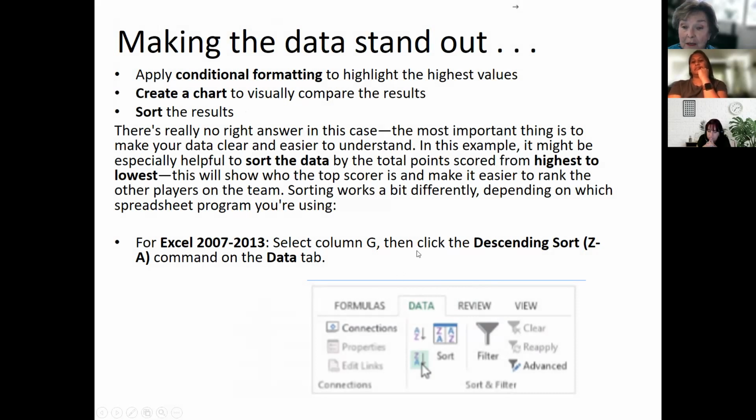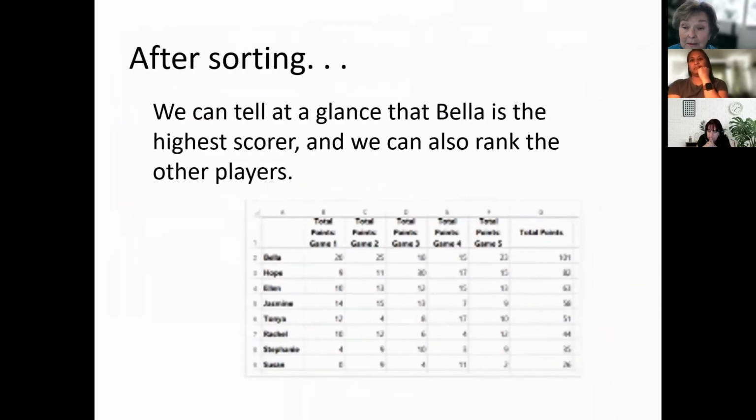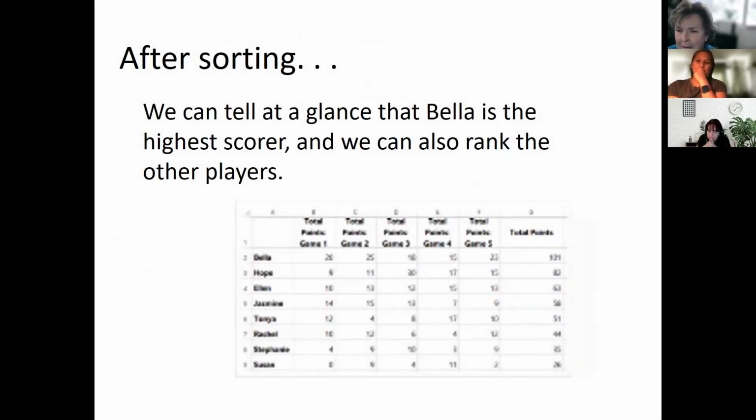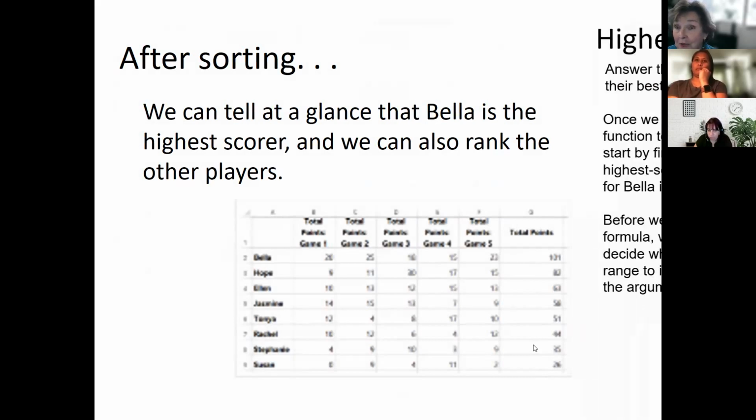So you would select column G and then sort on the Data tab. Then you would get something that looks like this very blurry screenshot, from the highest score down to the lowest, and that way you can rank them. Or you can create a chart, or do the conditional formatting.